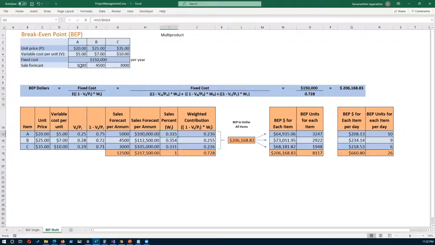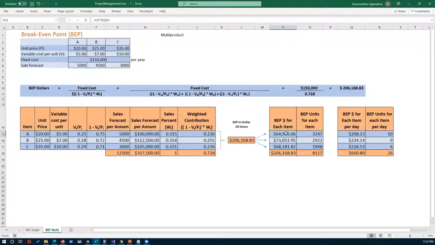We know our sales forecast, and based on that we have arrived at this sales percentage. So simply multiply the break-even point in dollars by 31% to get the break-even point in dollars for each item.